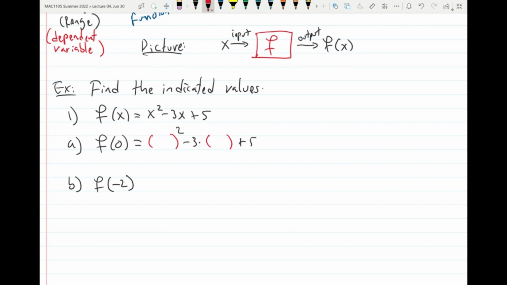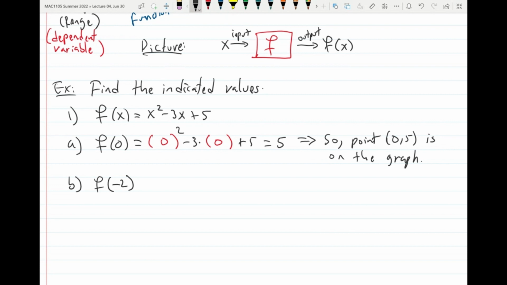And then it turns out that what we're plugging in now is just 0. So the answer is, of course, 5. So f of 0 equals 5. Do you understand this? So again, this means that the point (0, 5) is on the graph.